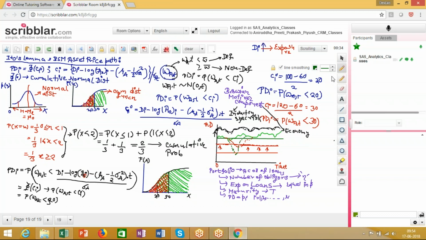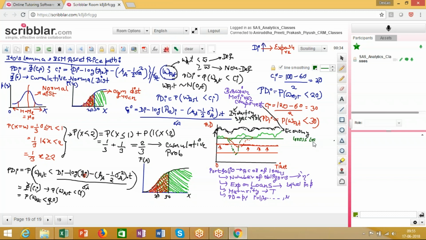Therefore, it is a loss given default. So what I'm talking about over here is the gross loss.